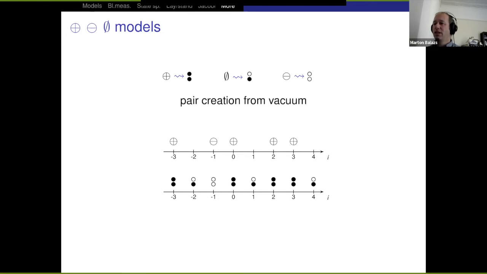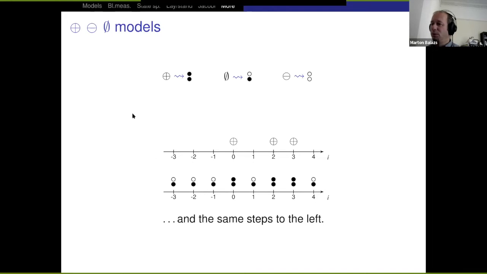A pair creation means that 1-1 becomes 0-2. Minus to the left means that 1-0 moves to the right. And annihilation means 2-0 becomes 1-1. That's annihilation. So it's really just a particle system on 0-1-2 sites. These were again just the right jumps. You can have the left jumps as well.